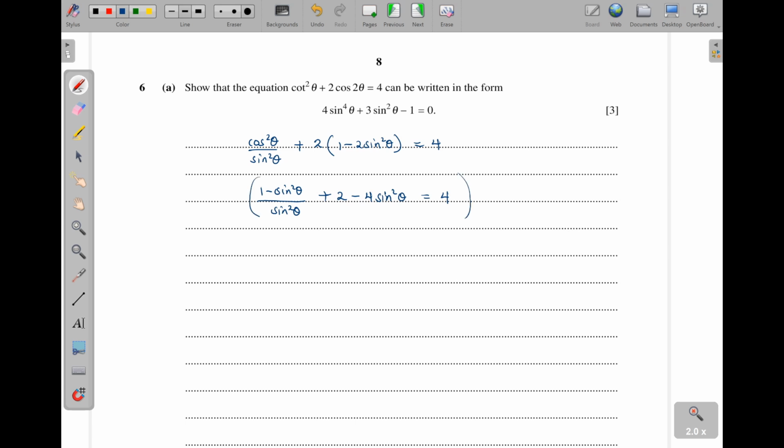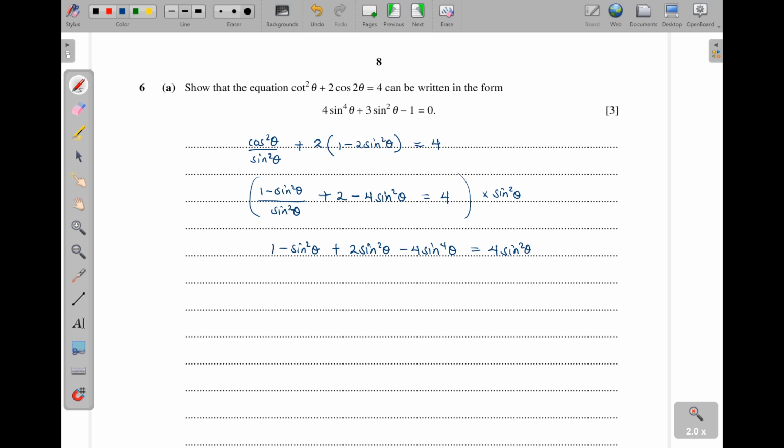Now everywhere I'm going to multiply with sine squared theta so that I eliminate this denominator. So here I'll have 1 minus sine squared theta, then plus 2 sine squared theta, then minus 4 sine power 4 of theta, and this way we shall have 4 sine squared theta.